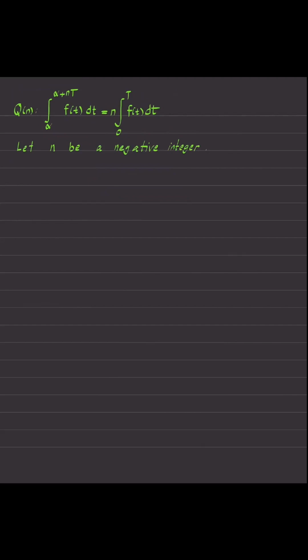Okay, I want to prove the same statement again if n is a negative integer. Then what does it mean? Then it means that minus n is a positive, is a natural number.